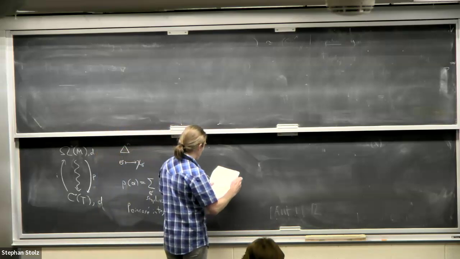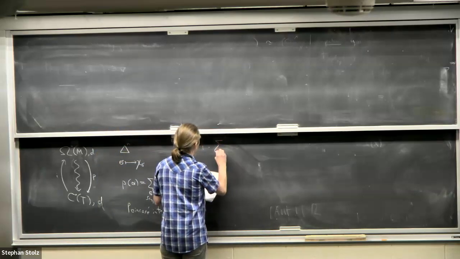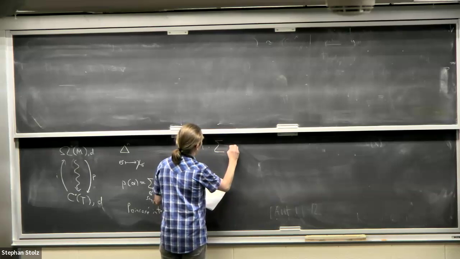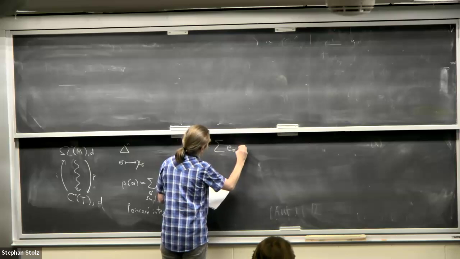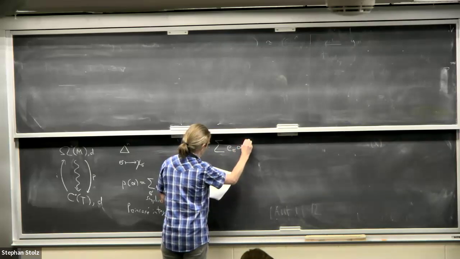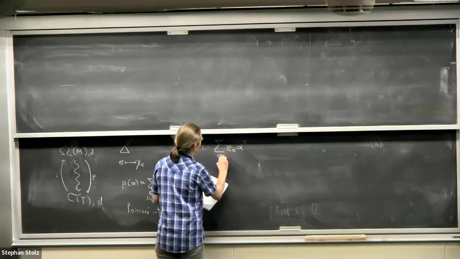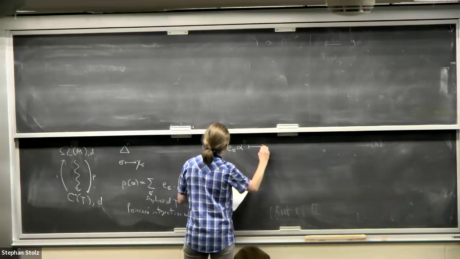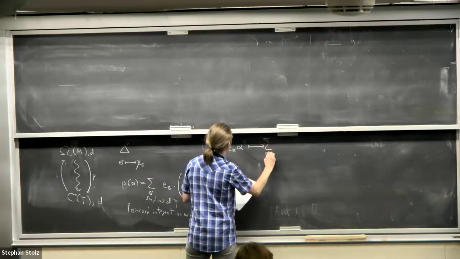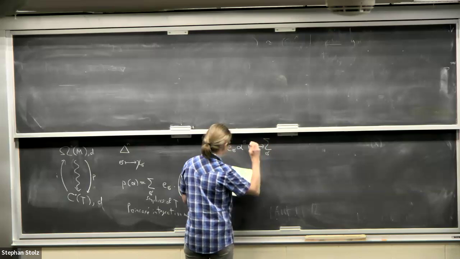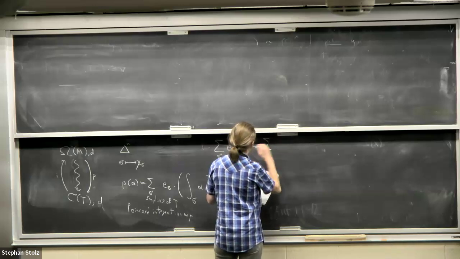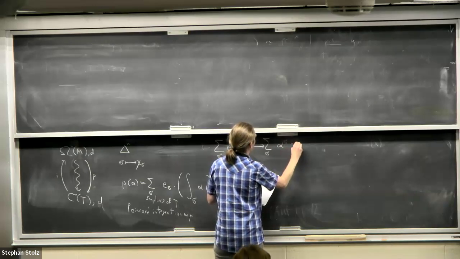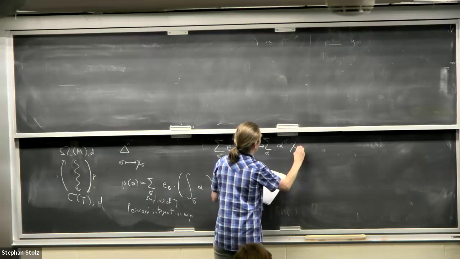So you map a general cochain to the sum over simplices of the same coefficient times chi sigma.